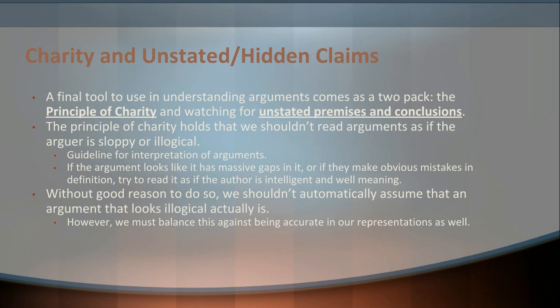And there are some instances where that's just simply a mistake. There are plenty of arguments that do actually have flaws. And the best possible way might be pretending that those flaws don't exist.